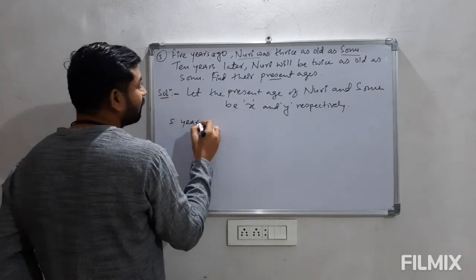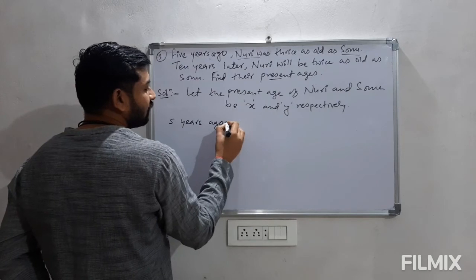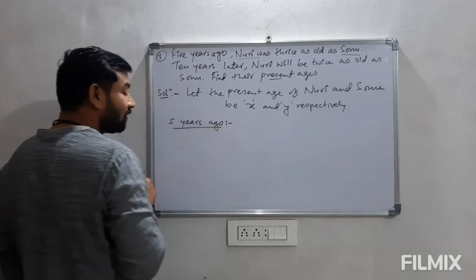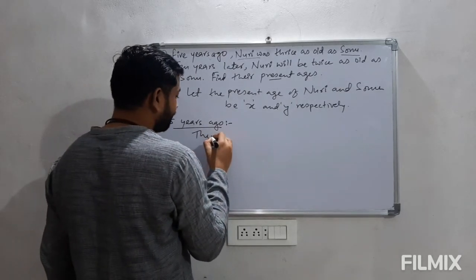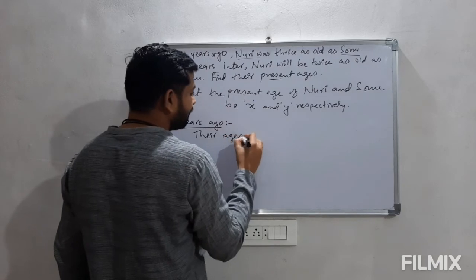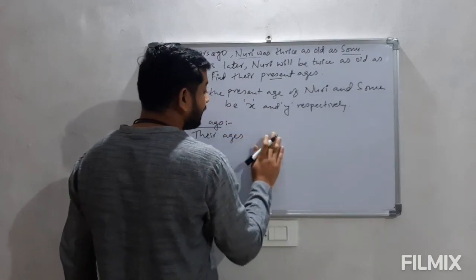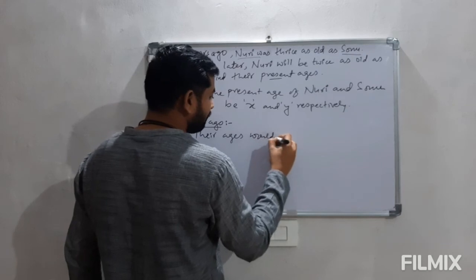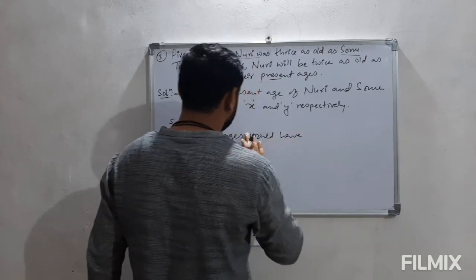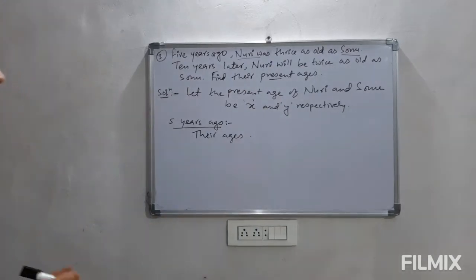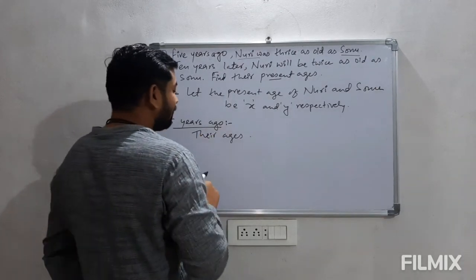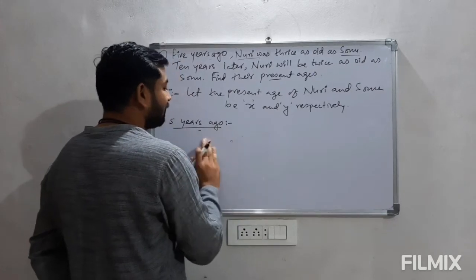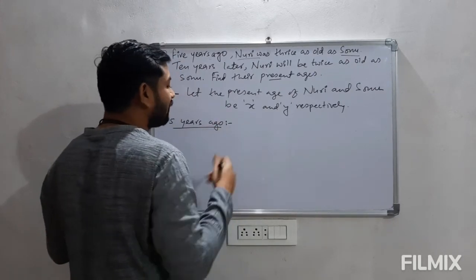5 years ago means आज से 5 साल पहले. 5 years ago means 5 साल पहले उनकी एज जो होगी, let us write them separately.